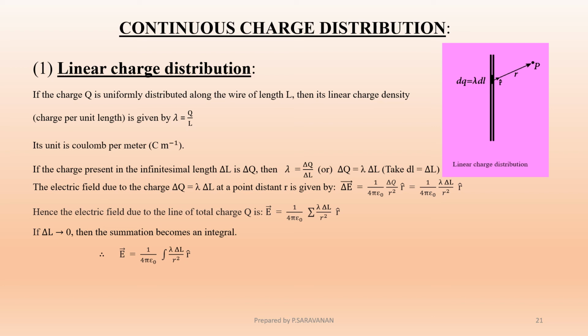In the numerator we have substituted delta Q equal to lambda times delta L, and you must know that delta E is the electric field at the point P due to only the small quantity of charge delta Q.